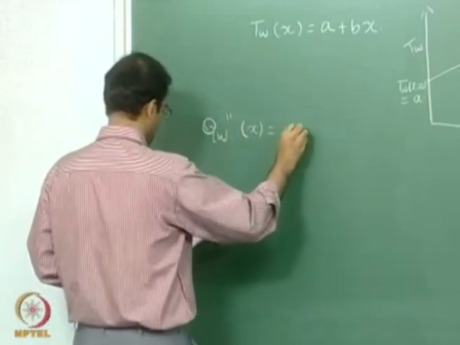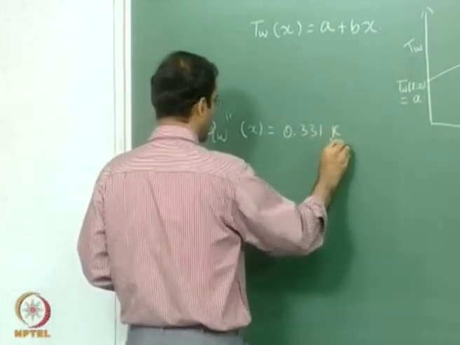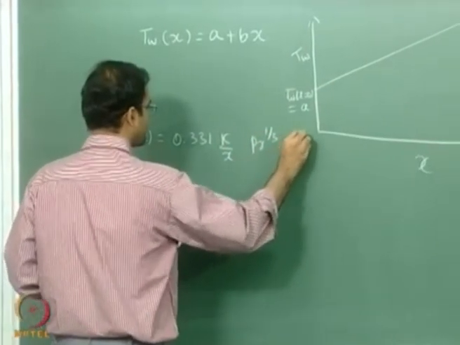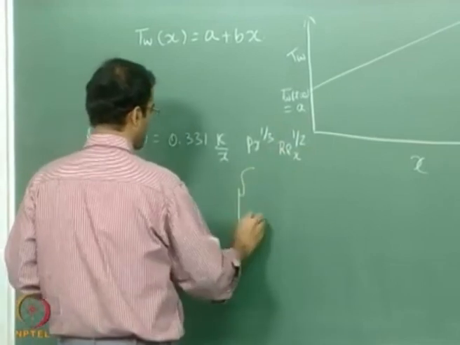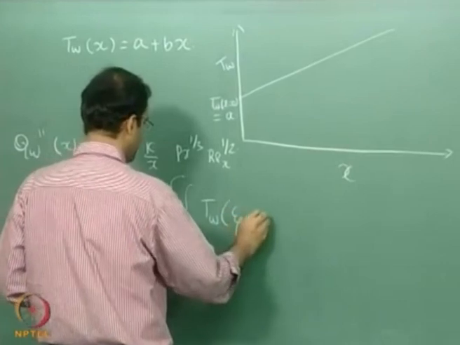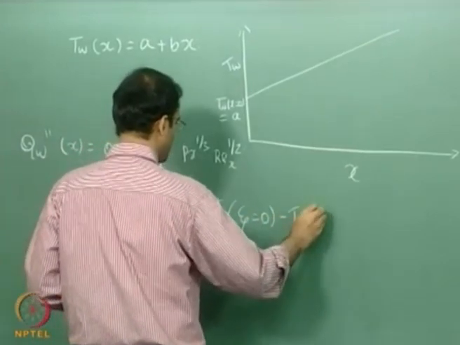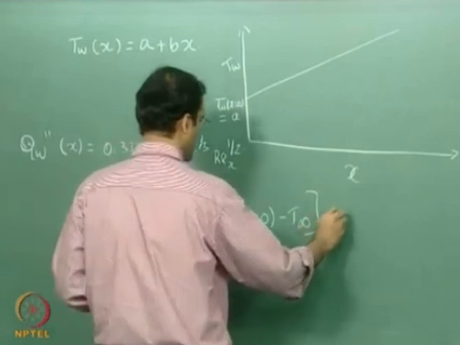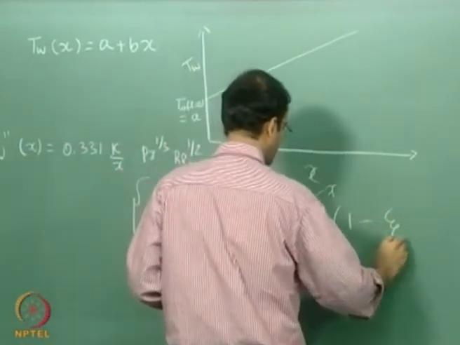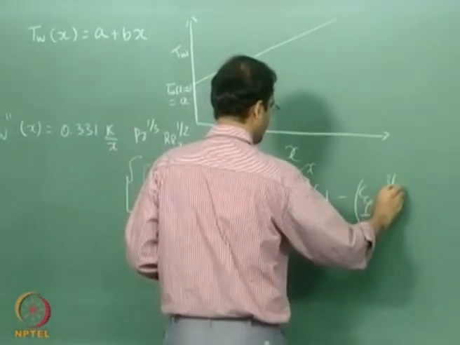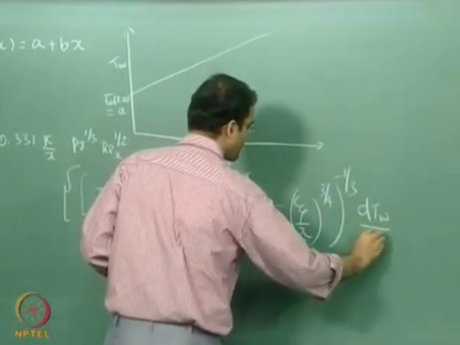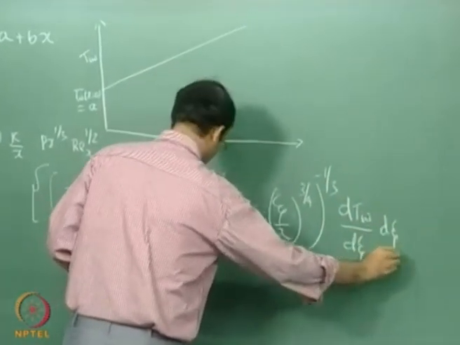This was 0.331 k by x, Pr to the power 1 by 3, times T wall at zeta equal to 0 minus T infinity, plus the integral from 0 to x of 1 minus zeta by x, the whole power 3 by 4, to the power minus 1 by 3, dT wall by d zeta into d zeta.